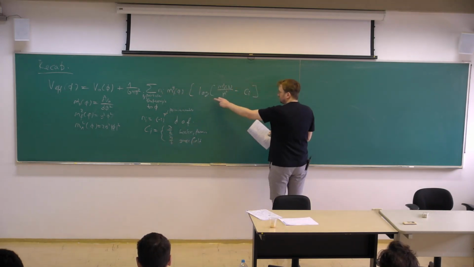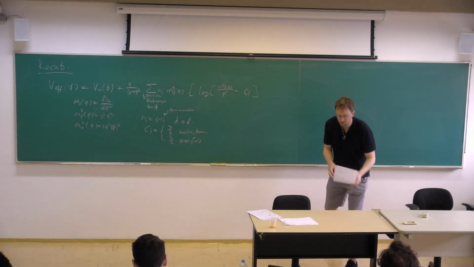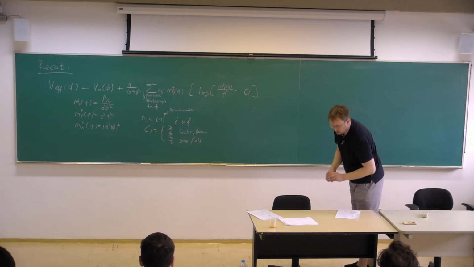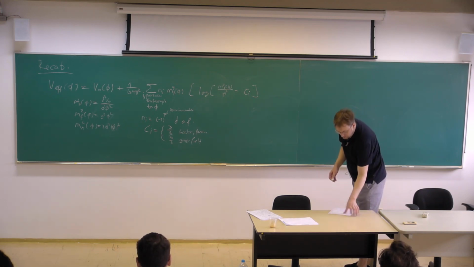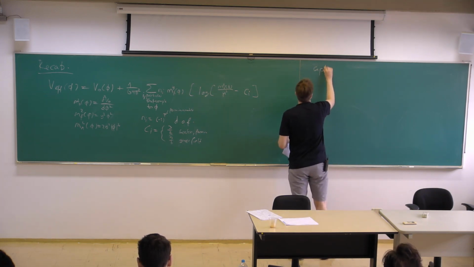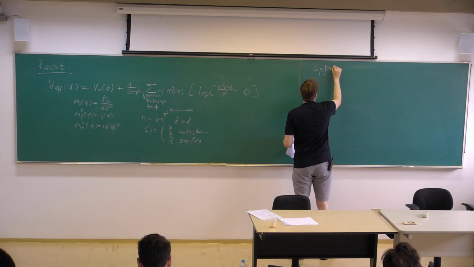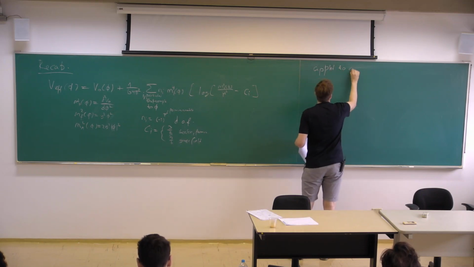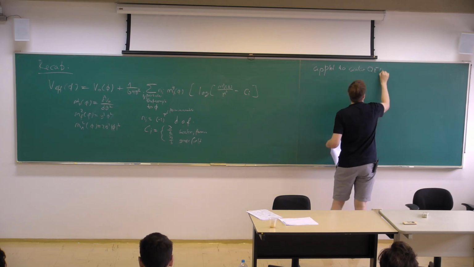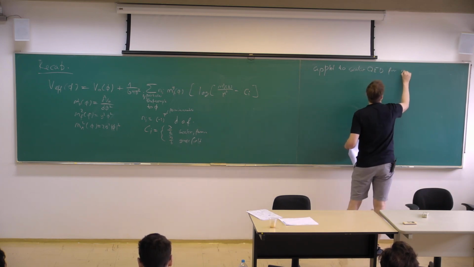And this typically is called the Coleman-Weinberg potential. Okay, and then we applied this to scalar QED, for a massless scalar.